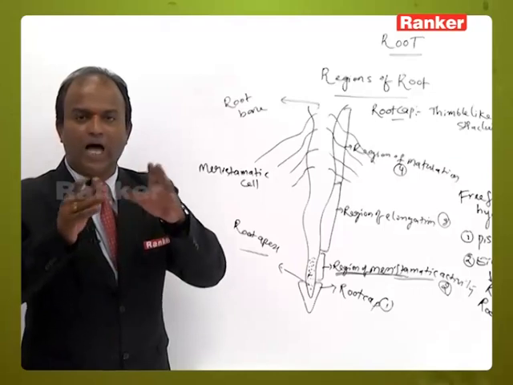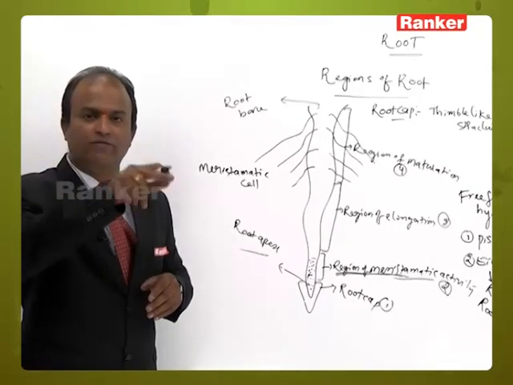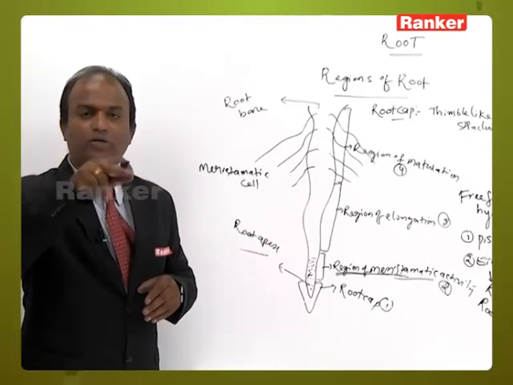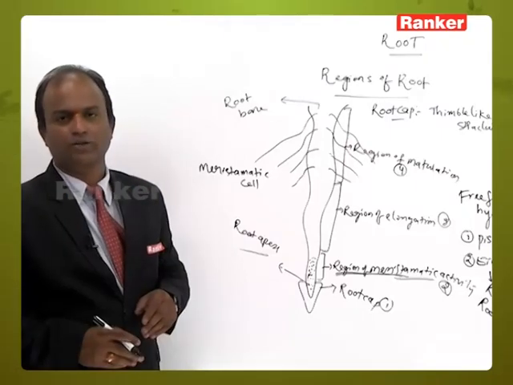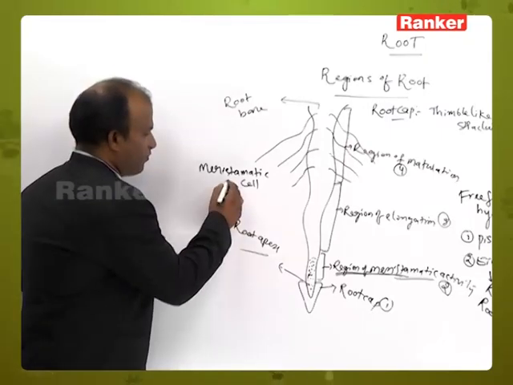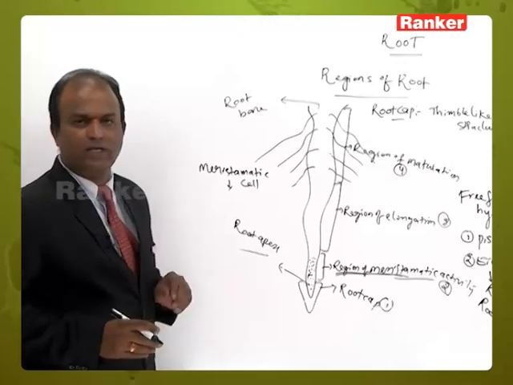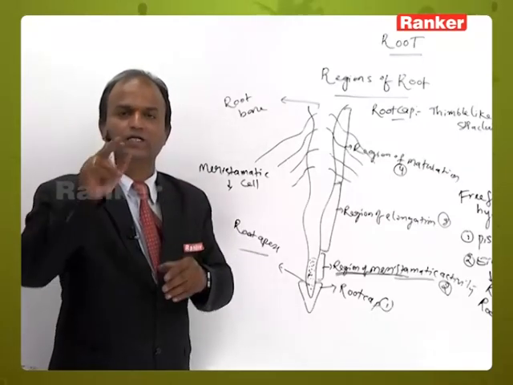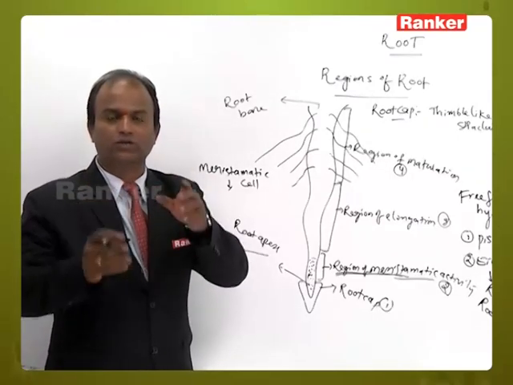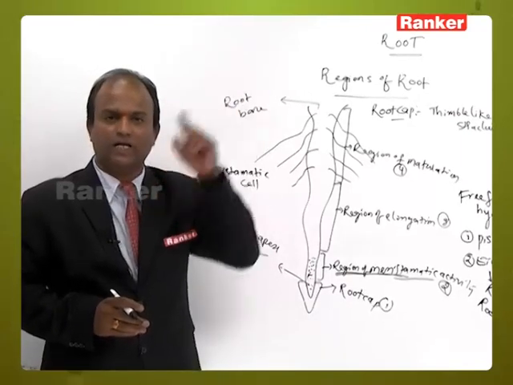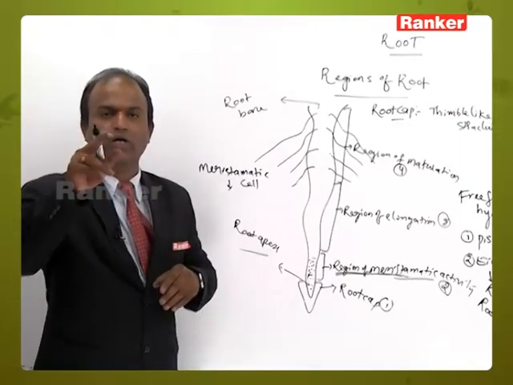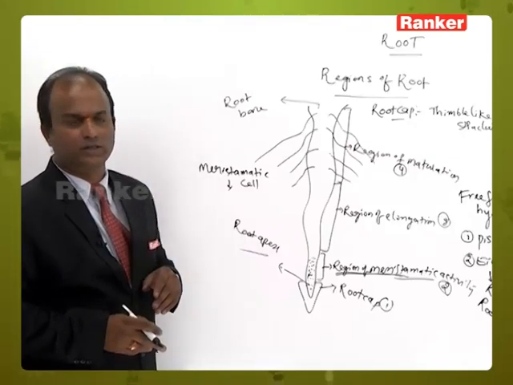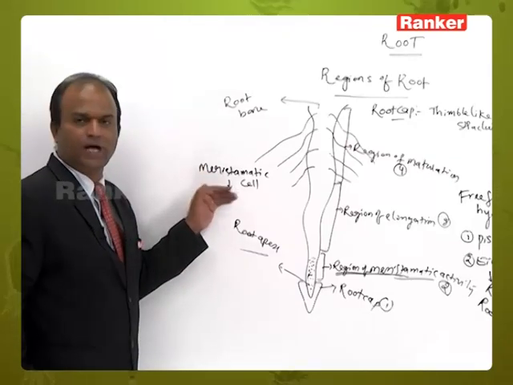A cell which has the capacity to undergo division and redivision, producing more number of new cells. That is nothing but meristematic cell.